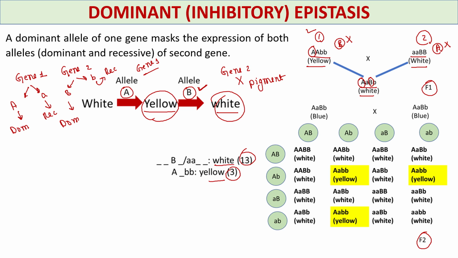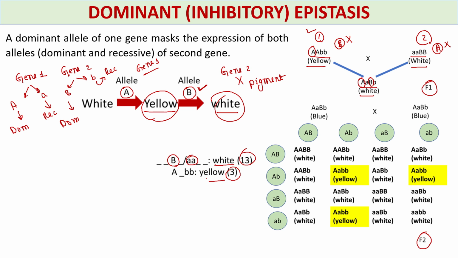All white flowers have at least one capital B allele that masks the expression of allele capital A, or their gene 1 will have two recessive alleles small a, so that yellow color could not be formed here.